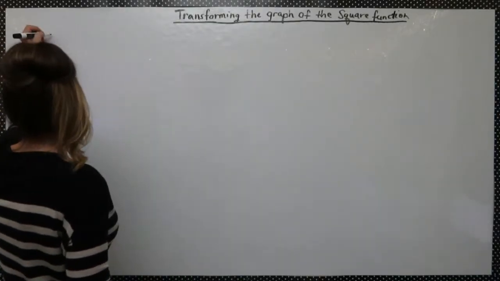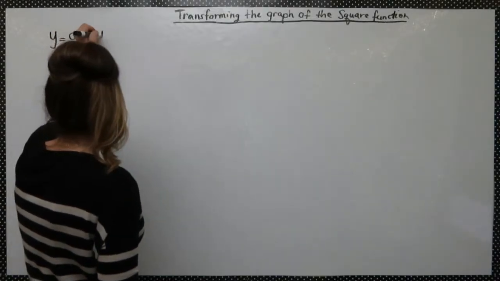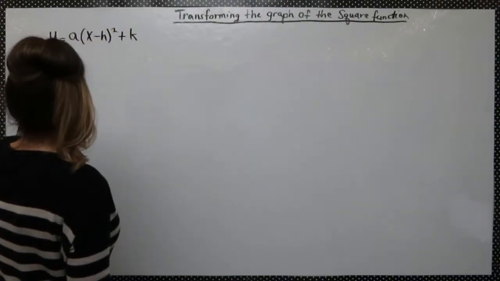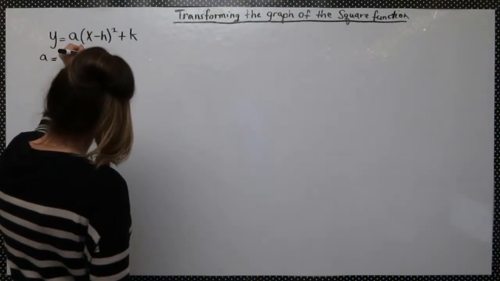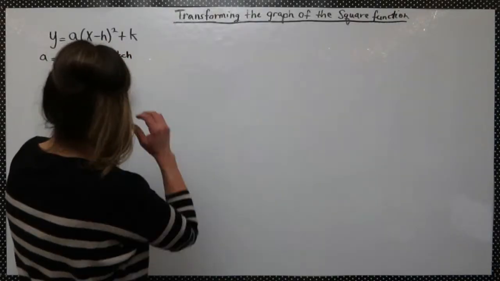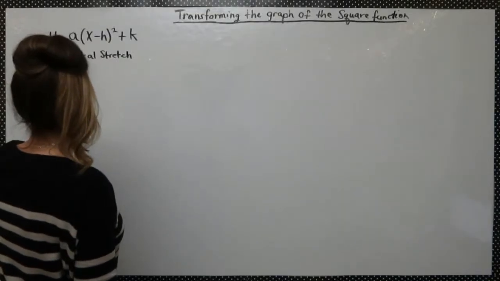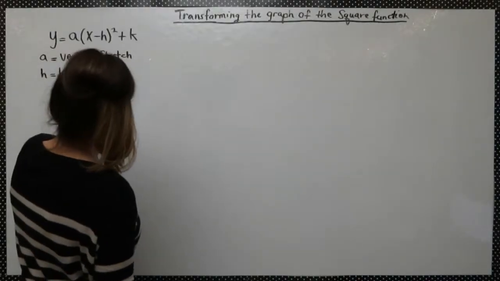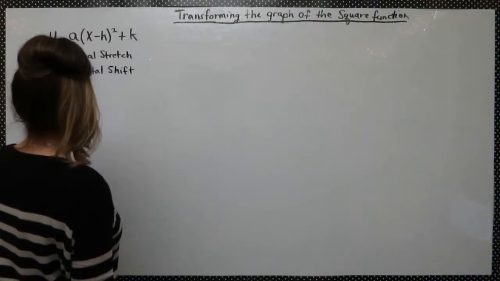So we have this y equals a times (x minus h) squared plus k, where a is your vertical stretch, h is the horizontal shift, and k is your vertical shift.